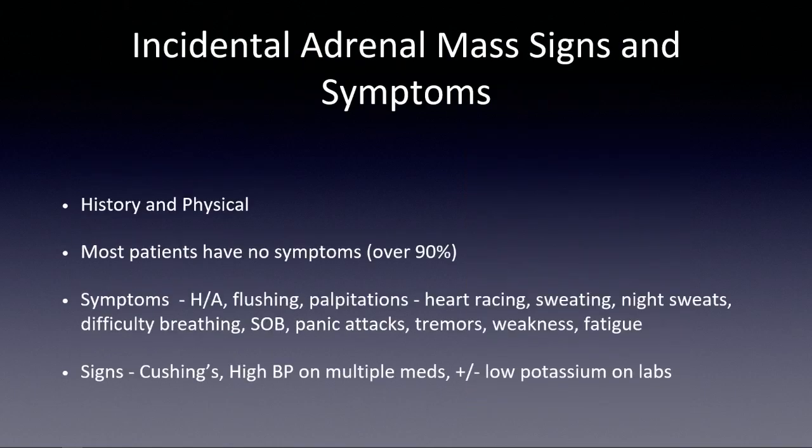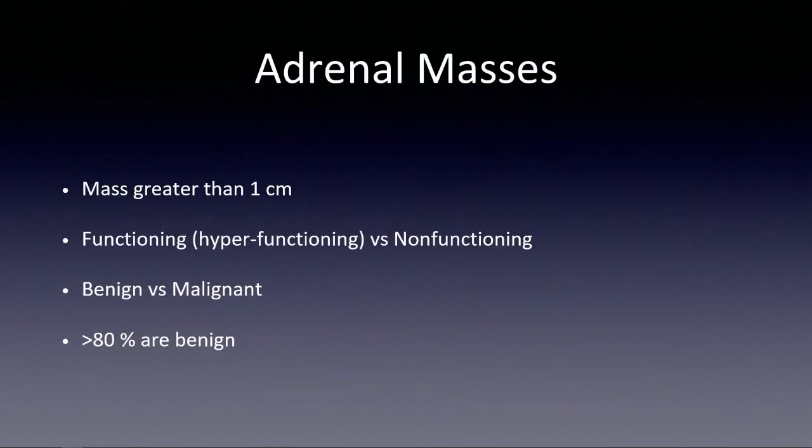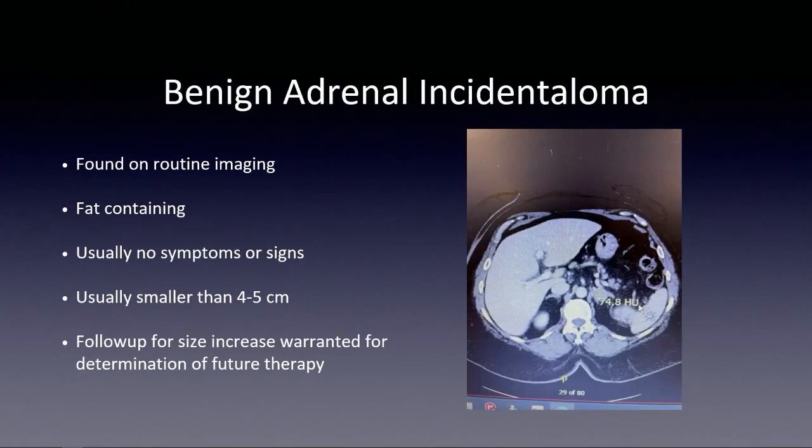So adrenal masses, let me go back here, is a mass greater than 1 centimeter. Usually they are non-functional or hyperfunctioning, because all adrenals function. They can be benign or malignant, and 80% of these are benign. So most masses are benign. These incidental masses are found in routine imaging.